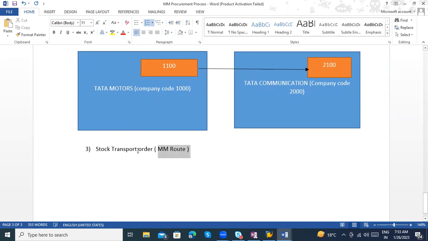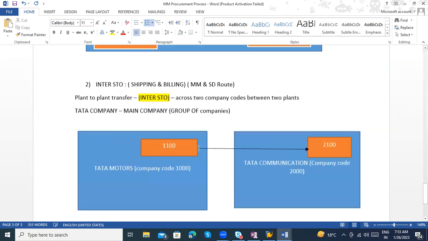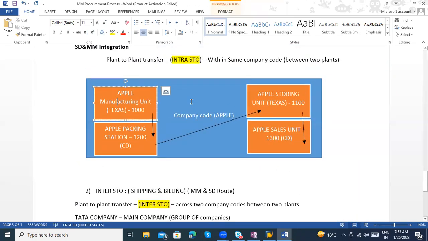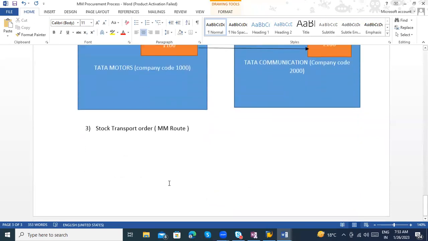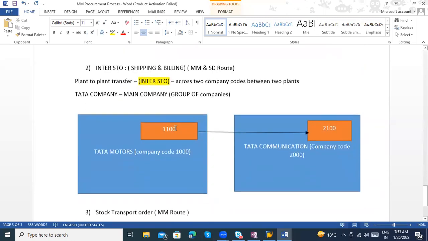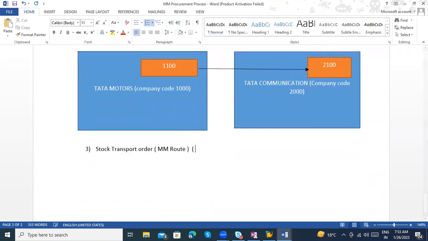So in this case, we don't need an SD route. The process is the same, but there is no SD route and no shipment. Clearly, you can say without shipping and without billing.